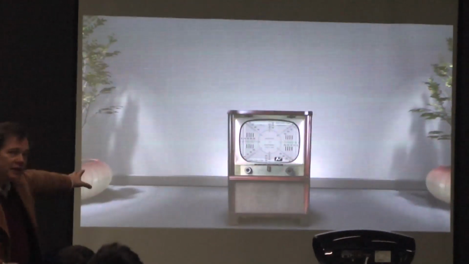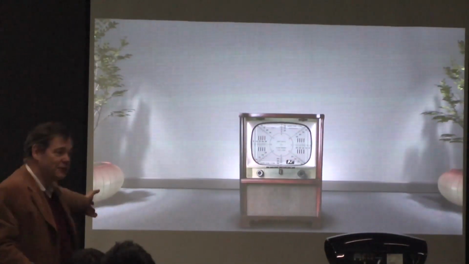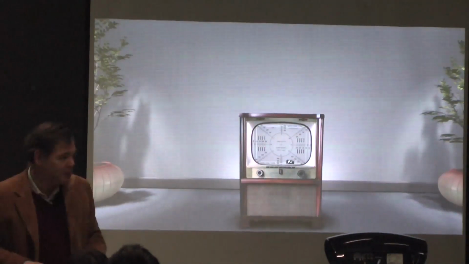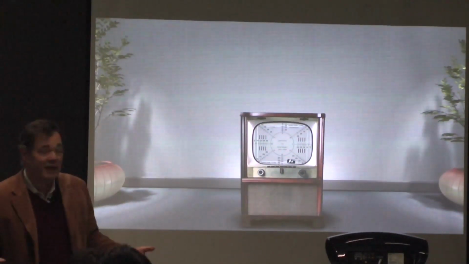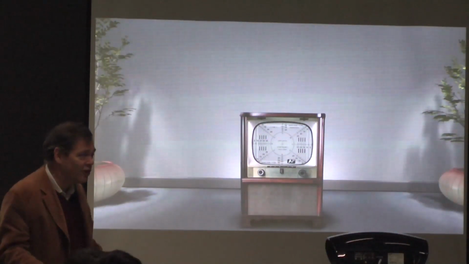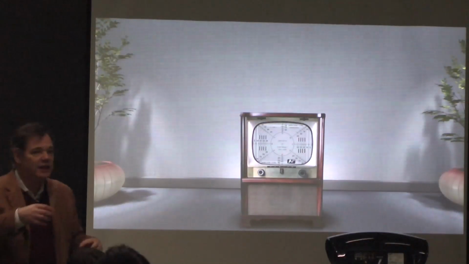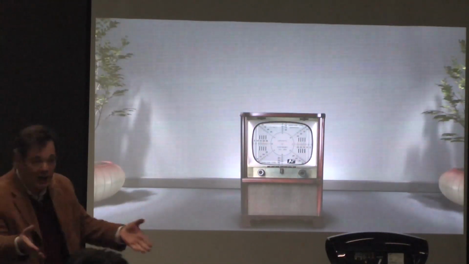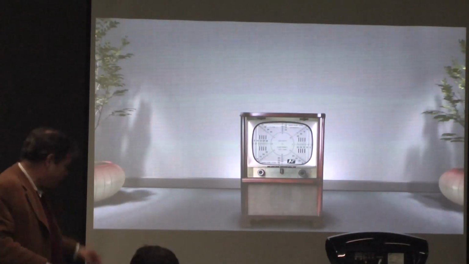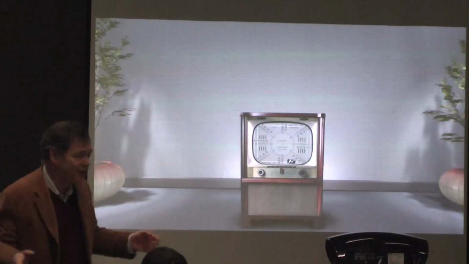There were times in the 1950s when people watched this 1950 Zenith television that they thought they were seeing a terrific picture. Now, by today's standards, you laugh at them and wonder how they ever sat in front of the thing and watched it at all. But they were able to separate the reality of their surroundings, and they were able to look at the image on that black and white TV set and say, oh my gosh, that's absolutely spectacular.